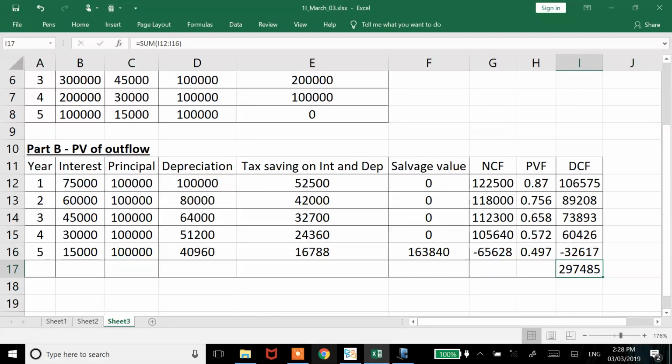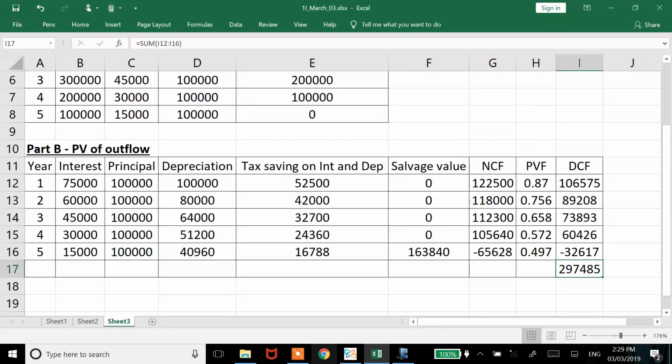For the loan option, nothing changes. It's where the lease brings in a little bit of extra complication. 297,485 is the outflow in the loan for buying option.